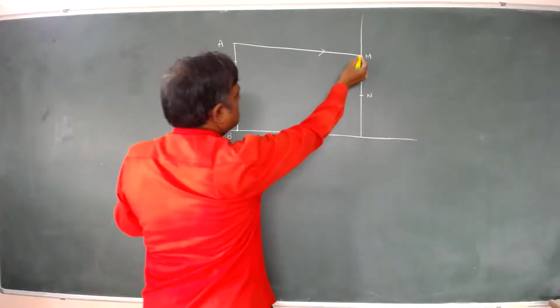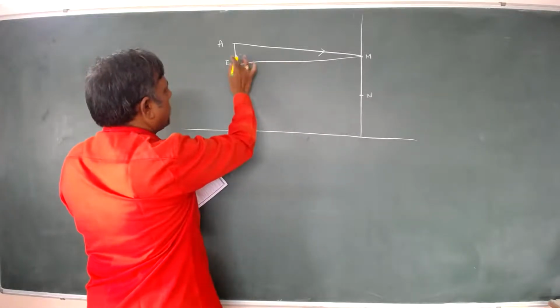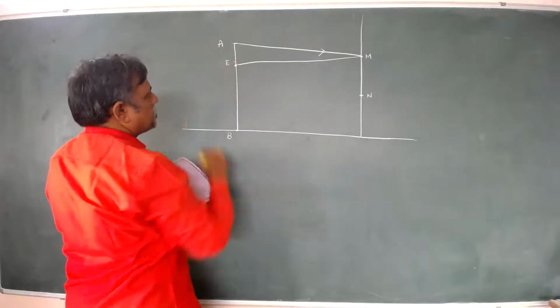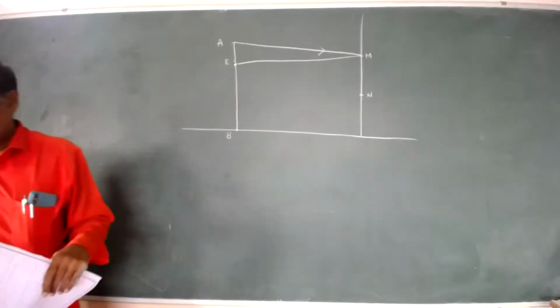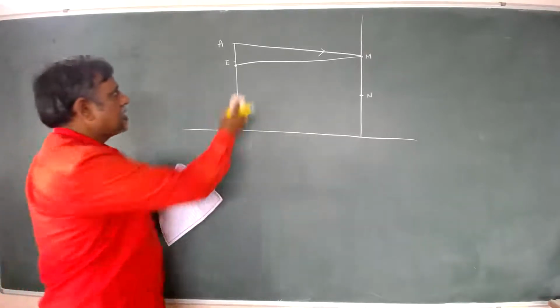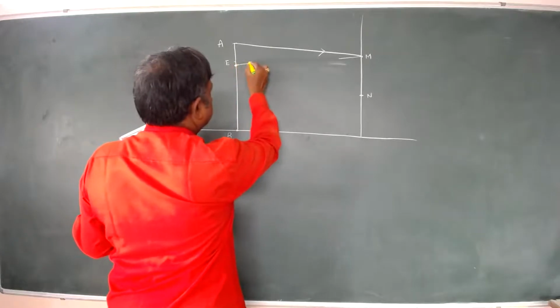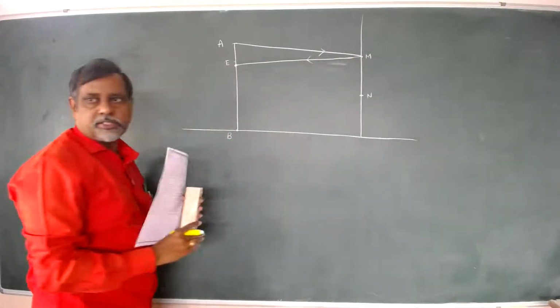The light ray has to undergo reflection and reach the eye of the observer. This is the eye of the observer. This is the way the reflected ray moves.